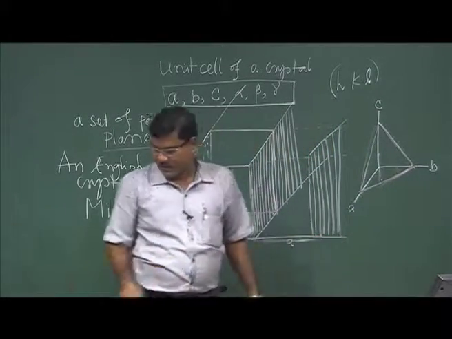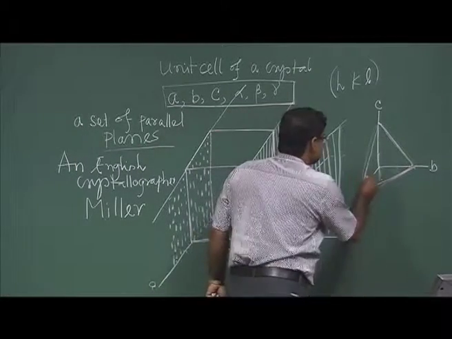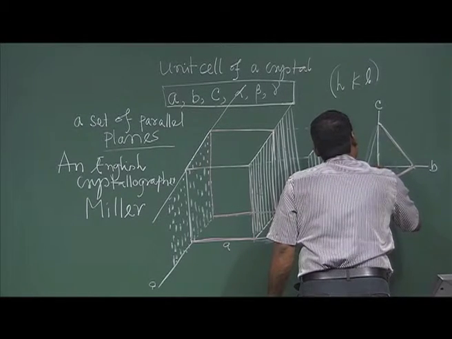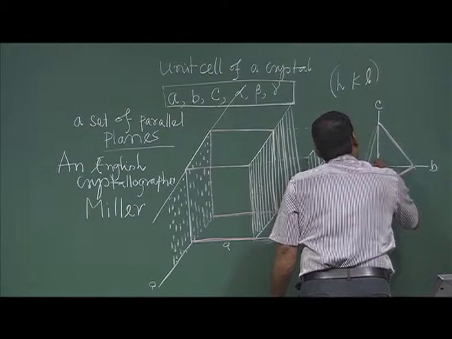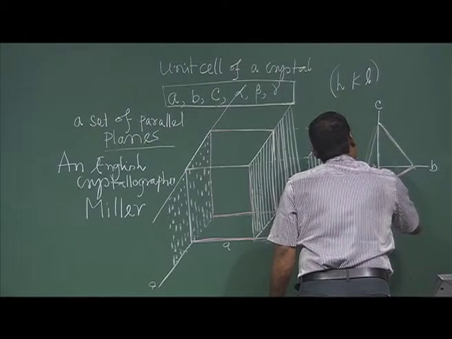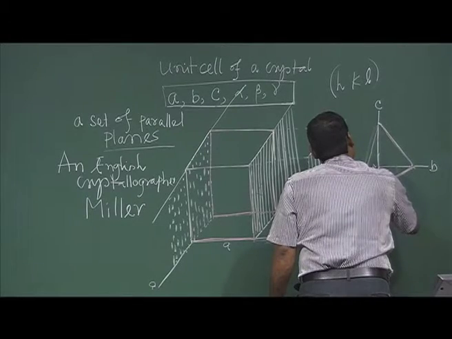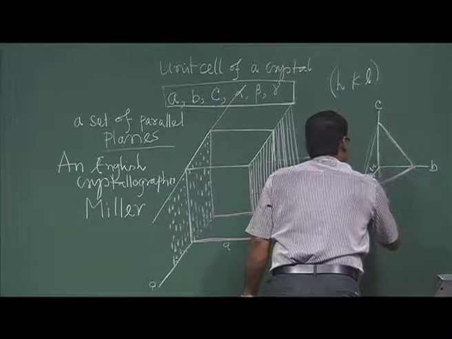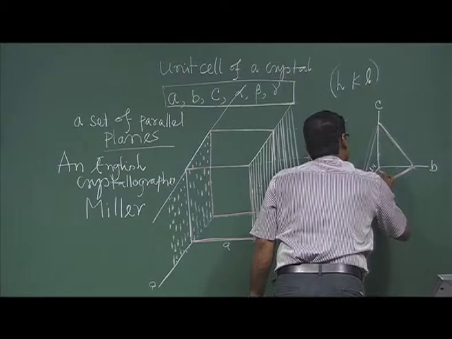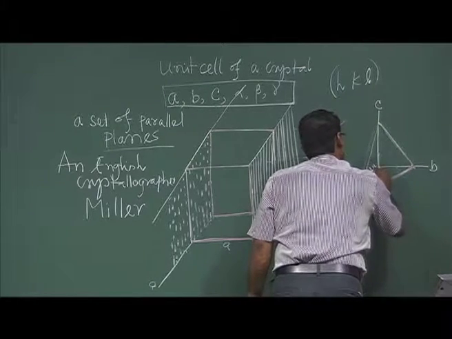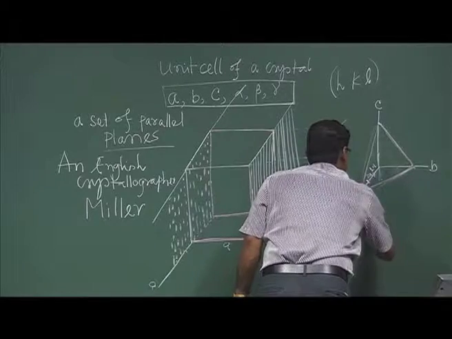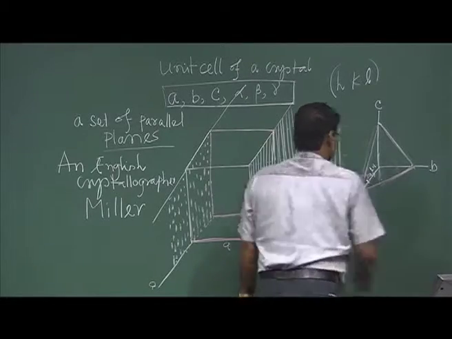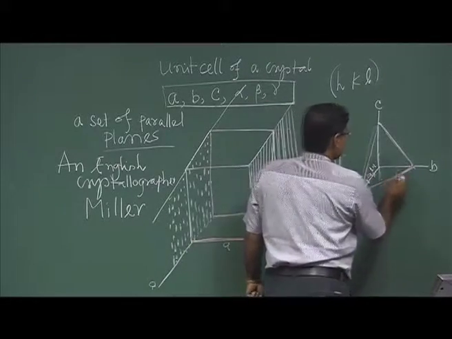If I scale this axis, this distance is 1A, this is 2A, so it has to be equal distance. This is 3A, this is 4A, like this.